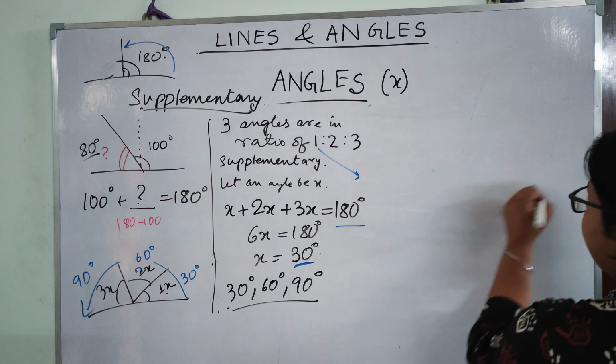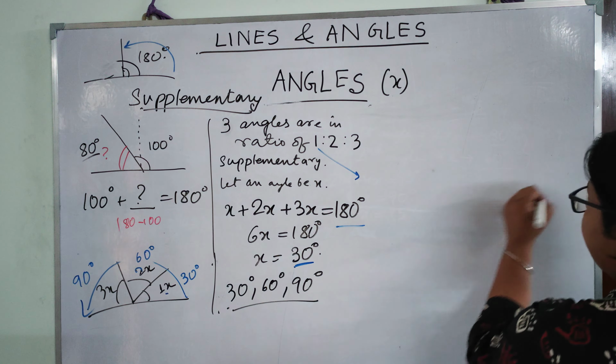Combining both angles together, I can see that they are supplementary angles. That means the addition is 180 degrees. So this angle plus this angle will be 180 degrees. That means 5x plus 2 and this angle, x minus 9, is equal to 180 degrees.